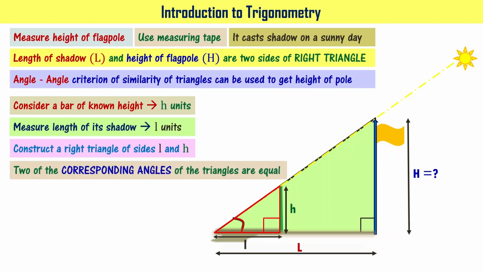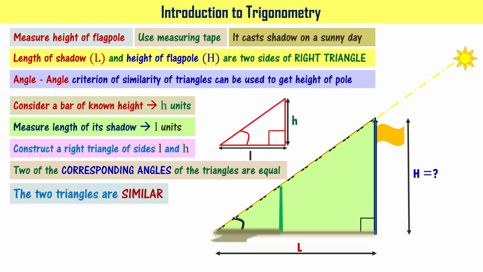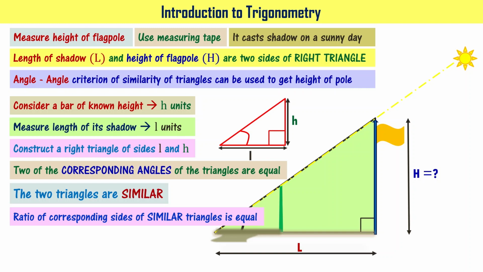When you observe this, two of the corresponding angles of these two triangles are equal. One is 90 degrees and the other is the angle of elevation of the sun, right? When two of the corresponding angles of two triangles are equal, then we say that the two triangles are similar. This is what is called the angle-angle similarity criterion, right? And we also know that the ratio of corresponding sides of similar triangles is equal.